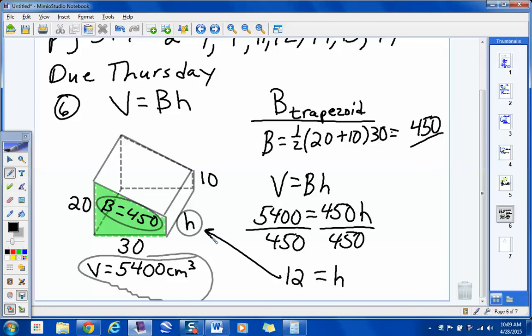So if I can find the area of the base, and you know the volume, to find that unknown height, you would take this volume and divide by the area of a base. Okay? So they're going to do that to you sometimes. They're going to say, hey, here's the volume. You find the unknown dimension in this. Which means you have to find the area of the base, divide that into the volume, and you'll have it. Okay? Guys got 6 down? You okay with that? Okay, so a little bit of working backwards on stuff like that.